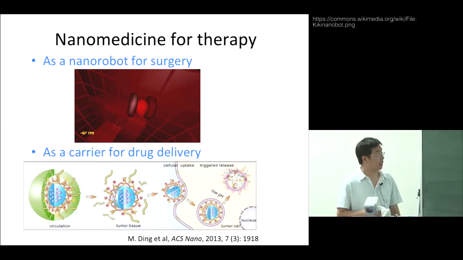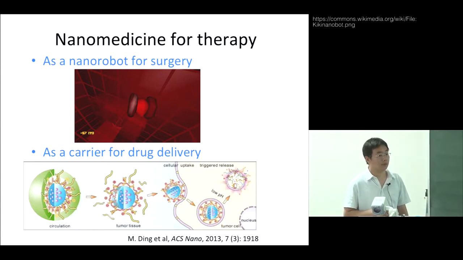They just inject some nanorobots into the blood vessel, and this smart nanorobot can find the cancer or some other disease and kill the cells.